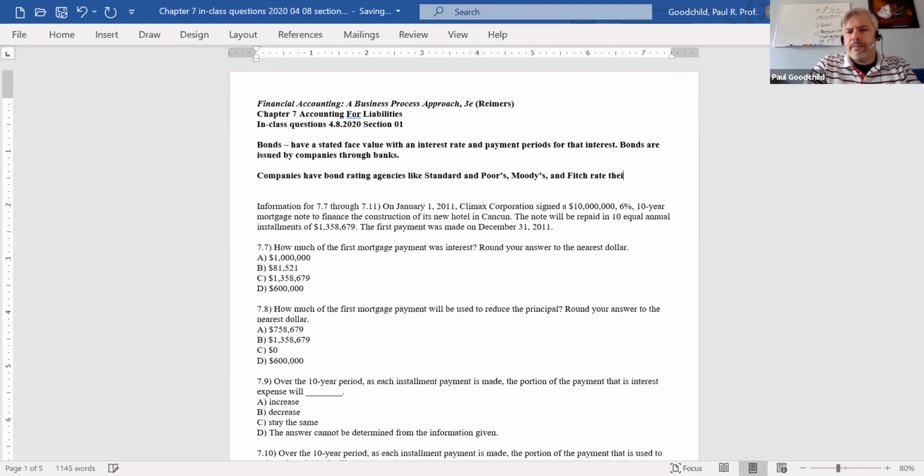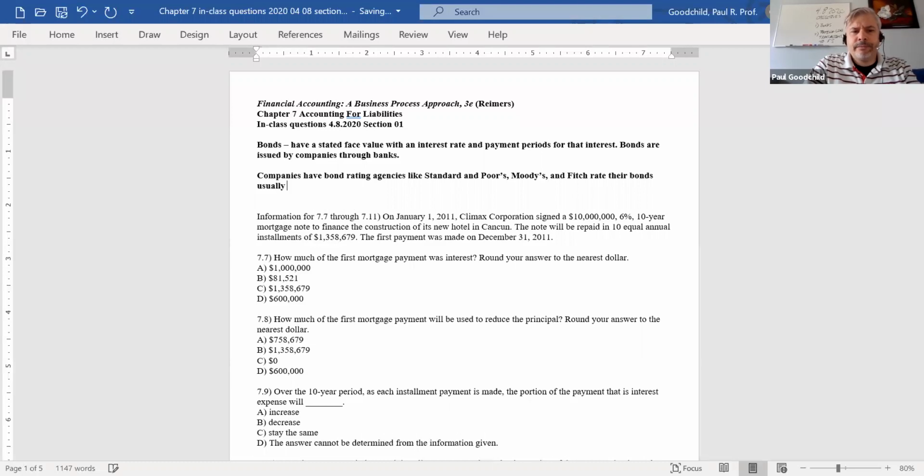They rate their bonds, usually from junk to high quality. The ratings of the bonds suggest their risk to investors, or excuse me, to debt holders. Sorry, I'm gonna move a window here real quick.